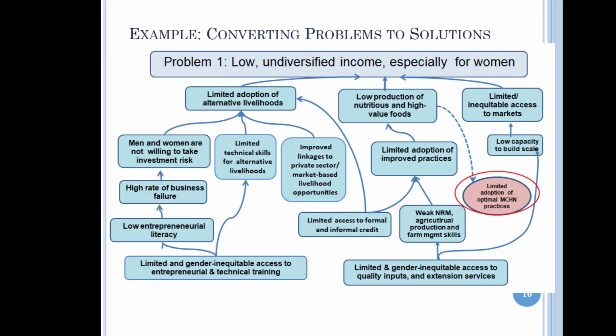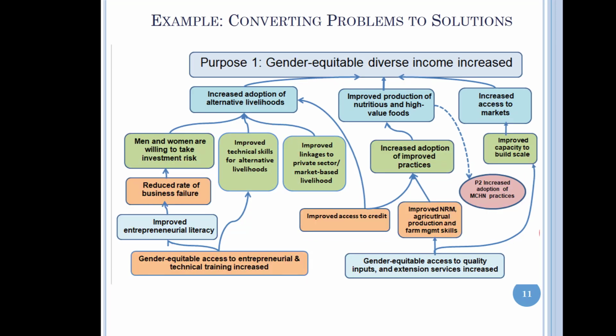Let me show you an example of a problem tree, a domain key problem, and its underlying causes. Low, undiversified income, especially for women, has different underlying causes. So this was key problem number one. And you have converted this into a domain of change in your whole theory of change.